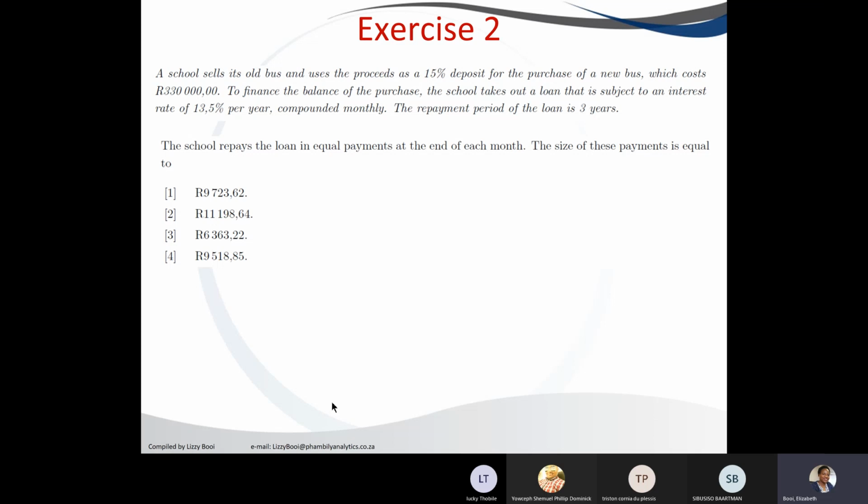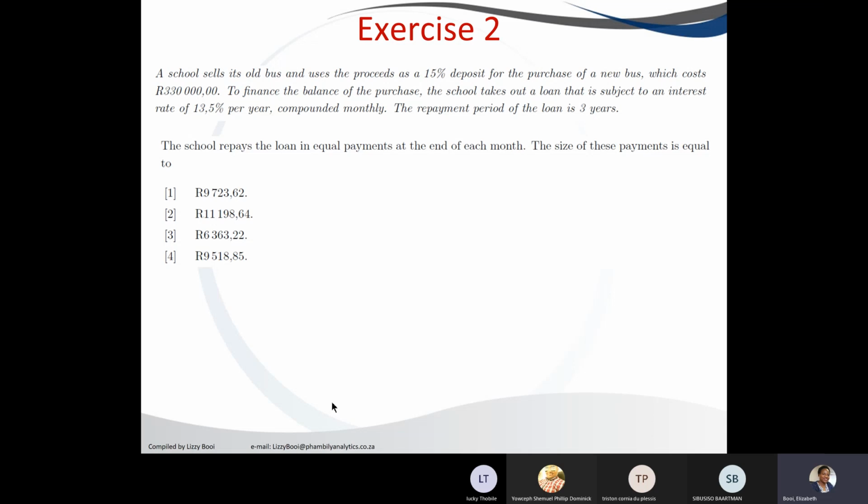To finance the balance of the purchase, the school takes out a loan that is subject to an interest rate of 13% per annum, compounded monthly. The repayment period of the loan is 3 years. The school repays the loan in equal payments at the end of each month. What is the size of these equal payments?